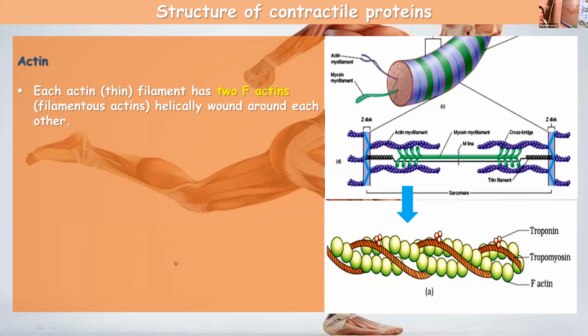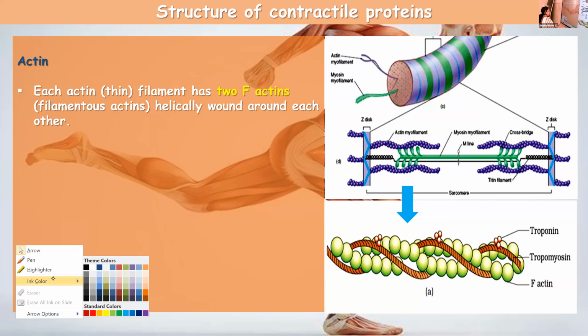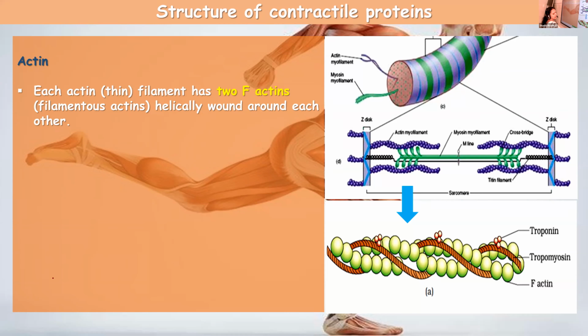F stands for filamentous. You can see in the figure, the green colored F actin. So two are there.